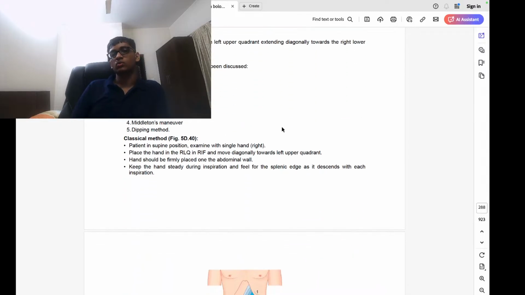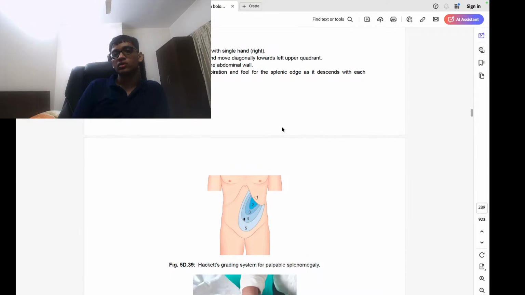Palpation: you can do 3 methods. The classical method, the bimanual method in supine and right lateral position, the hooking method in supine and right lateral position, and Middleton's maneuver and dipping method. In the classical method, you use a single right hand, place the hand in the right iliac fossa, lower quadrant, and move diagonally towards the upper left quadrant. The hand should be firmly placed on the abdominal wall.